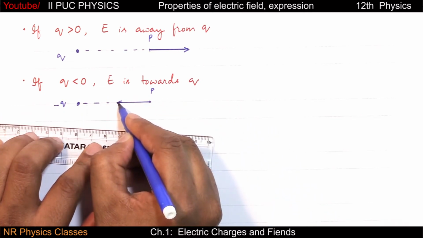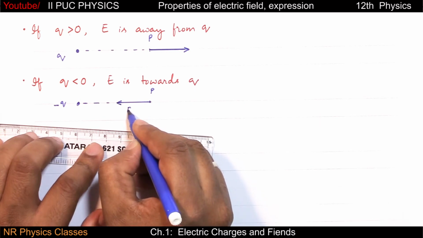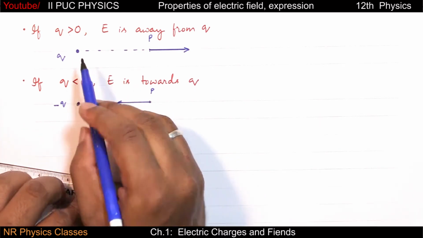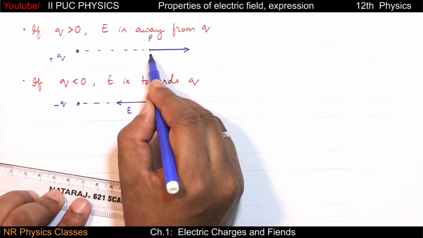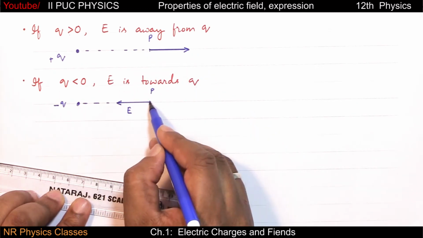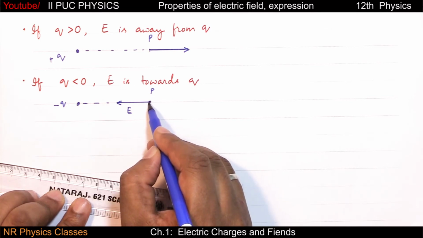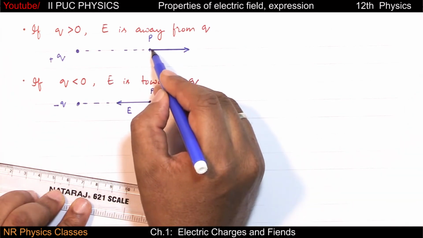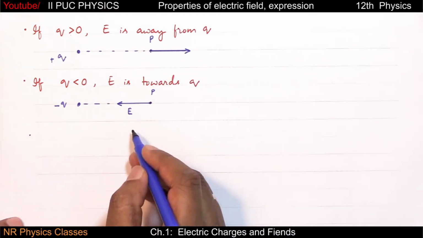So this is the direction of force, means this is the direction of electric field. Observe, because of a positive charge, electric field is away. Because of a negative charge, electric field is towards at this point. So we should draw the vector from that point.